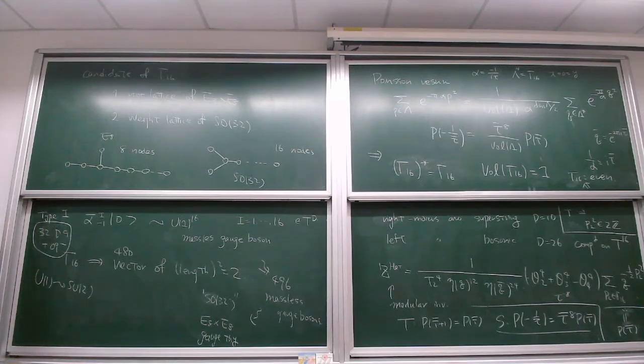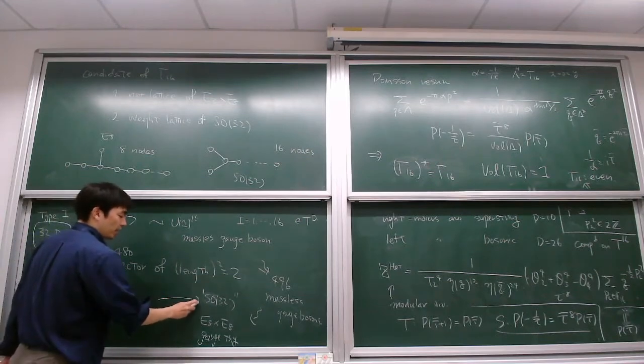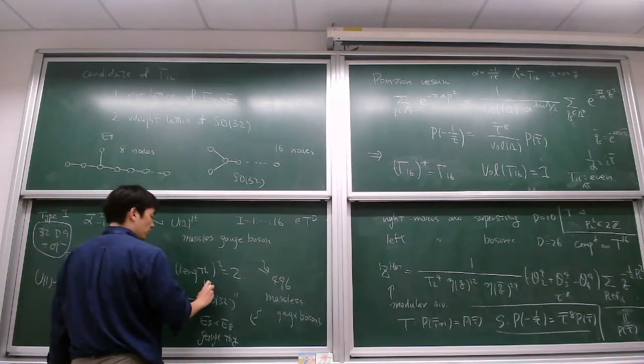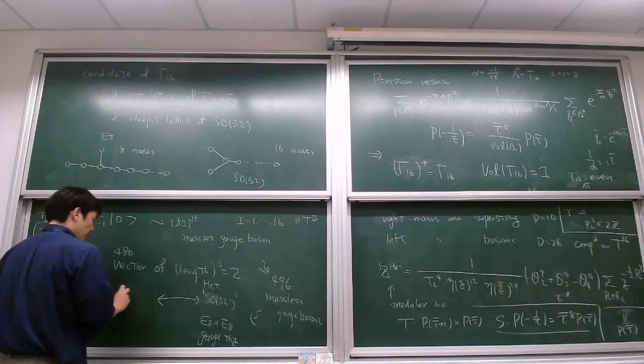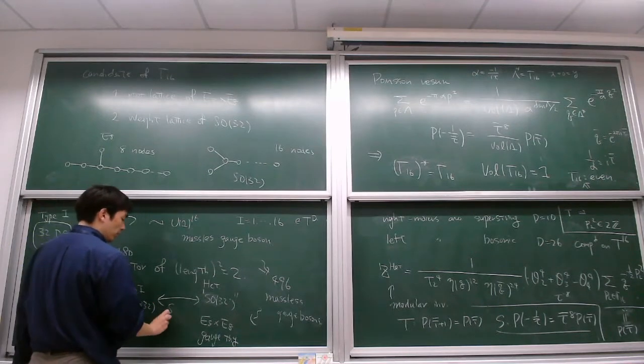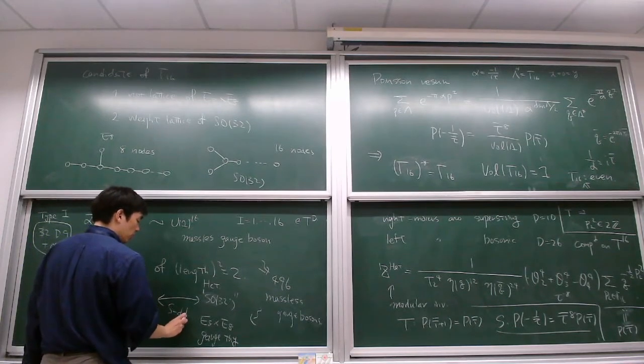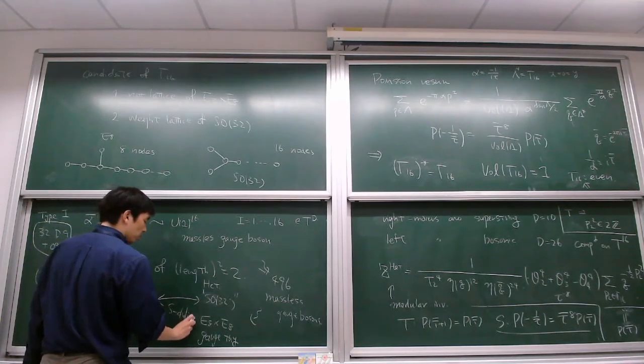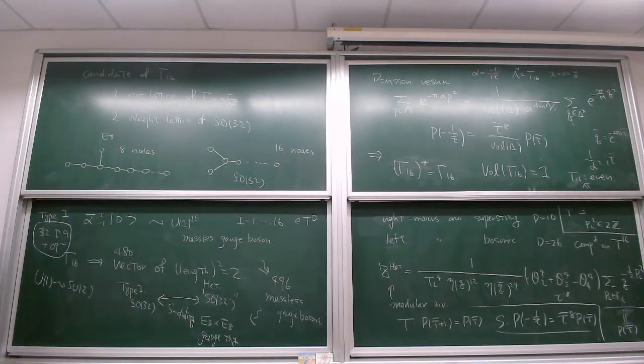That will also give you the SO(32). So this is heterotic SO(32) and the type I, and indeed type I with SO(32) gauge group is indeed S-dual. That's what we will see later. So the same gauge group is not a coincidence.